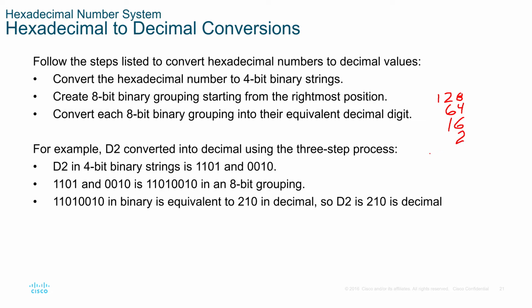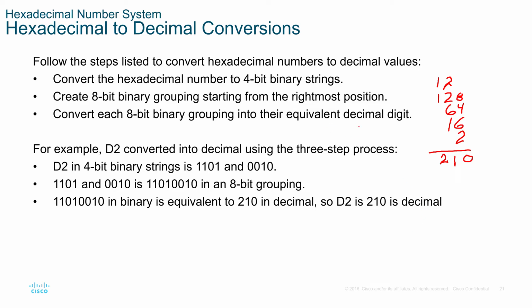And we do not have a 1. So if we add this up, 128 and 64 is 192, 16 is 208, and 2 is 210. 210 in decimal.